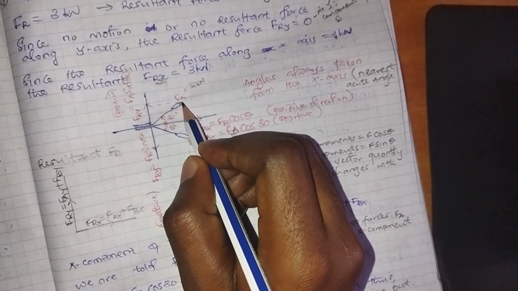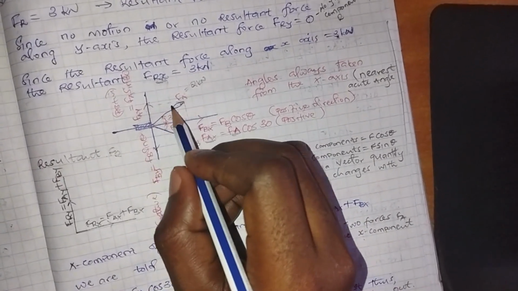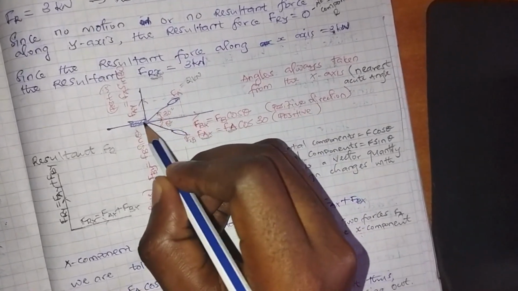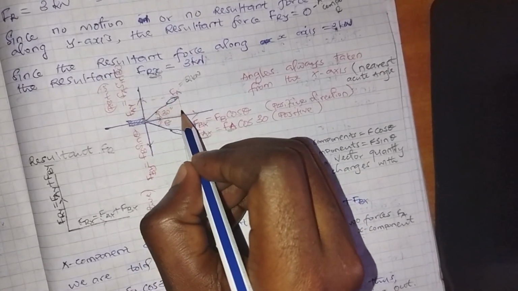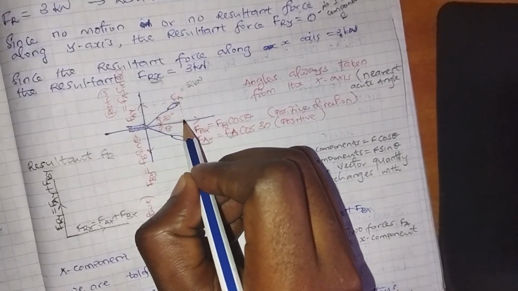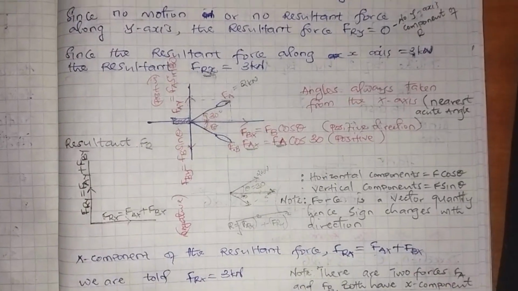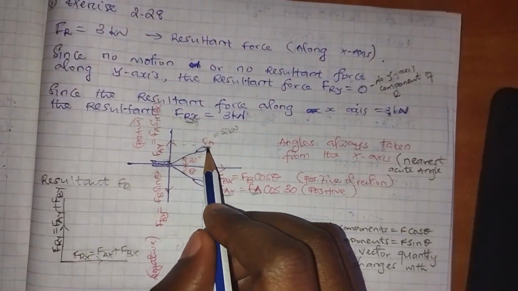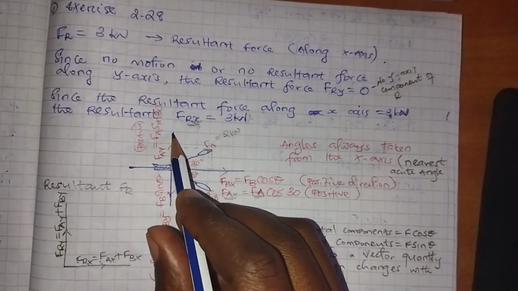Now if you want to decompose it, you break this one into x and y components, by simply taking the coordinates for those points on the respective axis that you are working on. So because this one is in a positive direction, we have the force pointing upward like that.